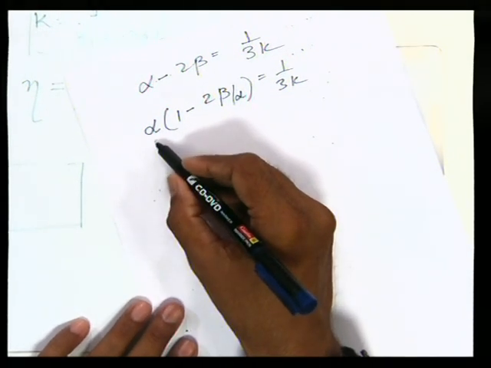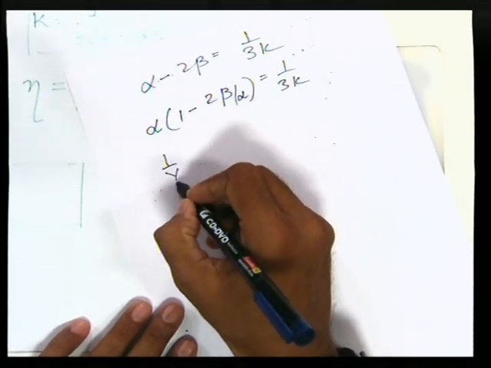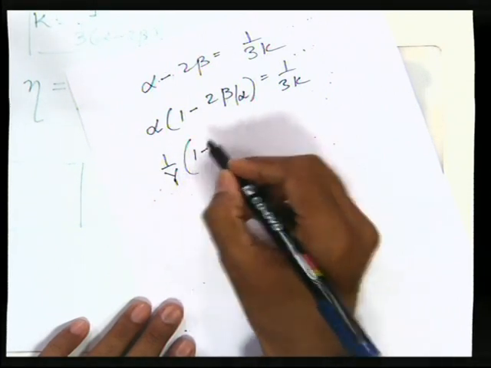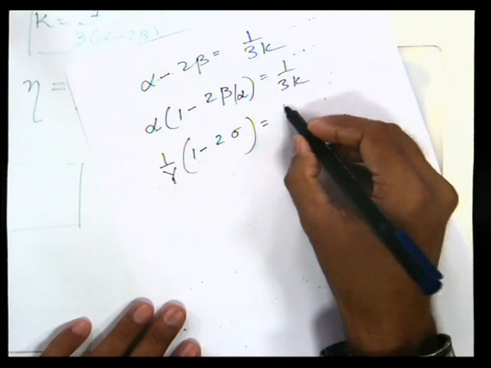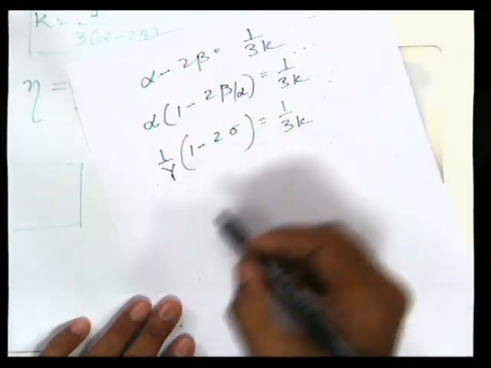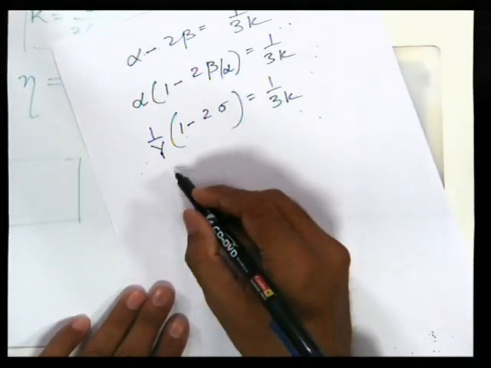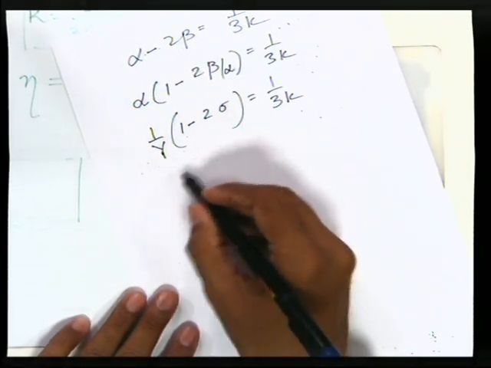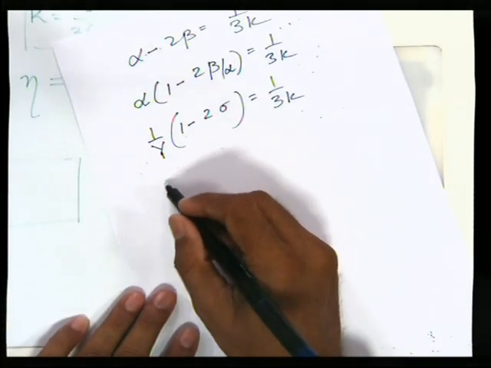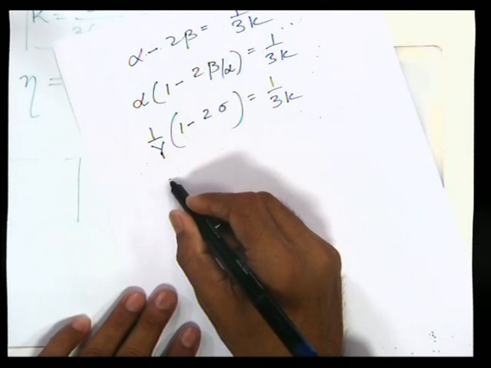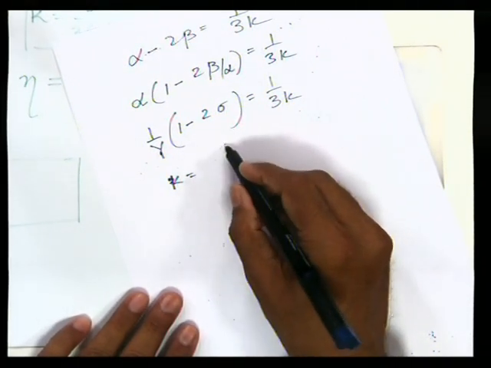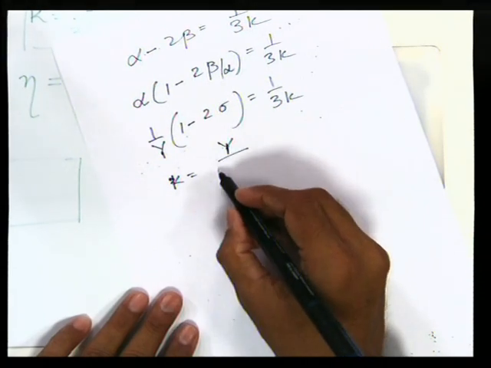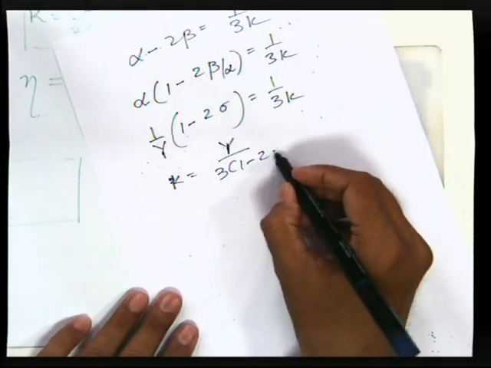Alpha is equal to 1 upon Y, so I can write (1 upon Y)(1 minus 2 sigma), since beta by alpha equals sigma, equal to 1 upon 3k. Or I may write this equation another way: k equal to Y upon 3(1 minus 2 sigma).